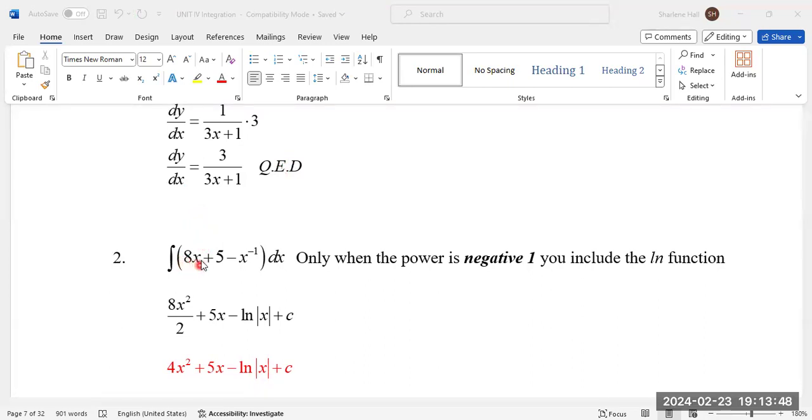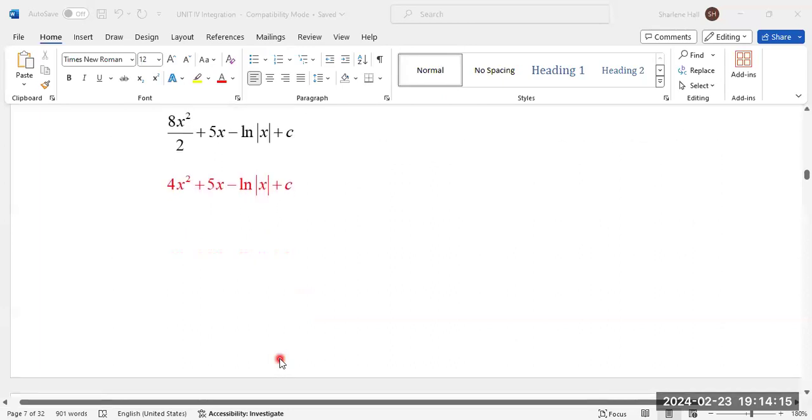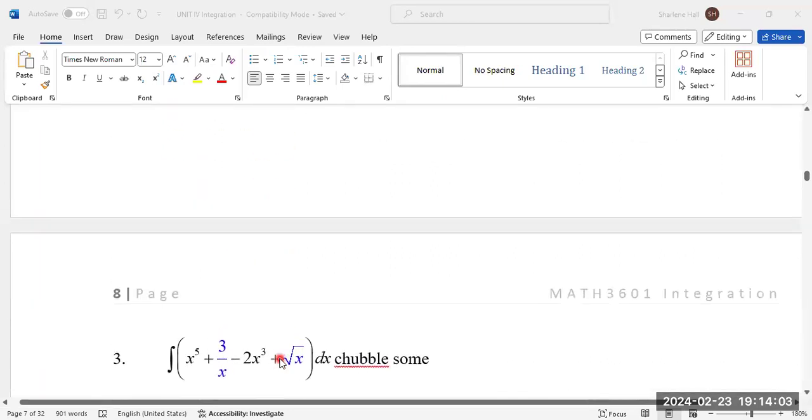So it's going to be 8x to the second power over 2. And of course, when you reduce it, 8 divided by 2 is equal to 4. Very good to reduce it before giving me the final answer. And you're just simply adding an x to this 5, minus ln absolute value of x, plus c. Remember your plus c.